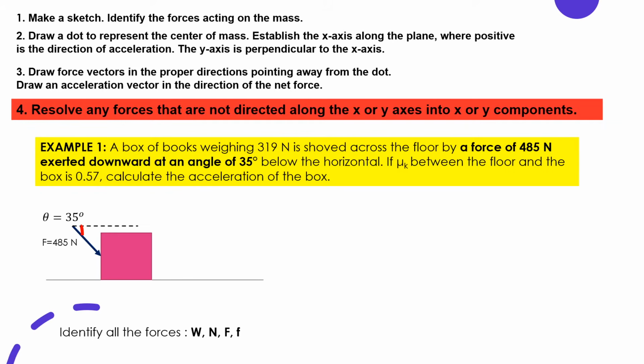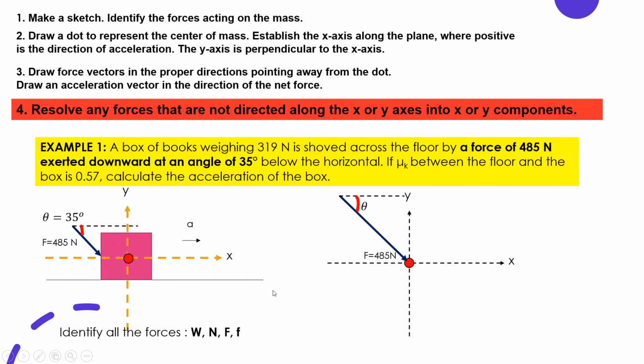So first of all, let's draw the free body diagram first. Kalau kita tolak ke bawah, logiknya dia akan gerak ke kanan lah. Betul? So we put a small arrow here to represent the direction of the motion. And then let's draw the x-axis and y-axis.